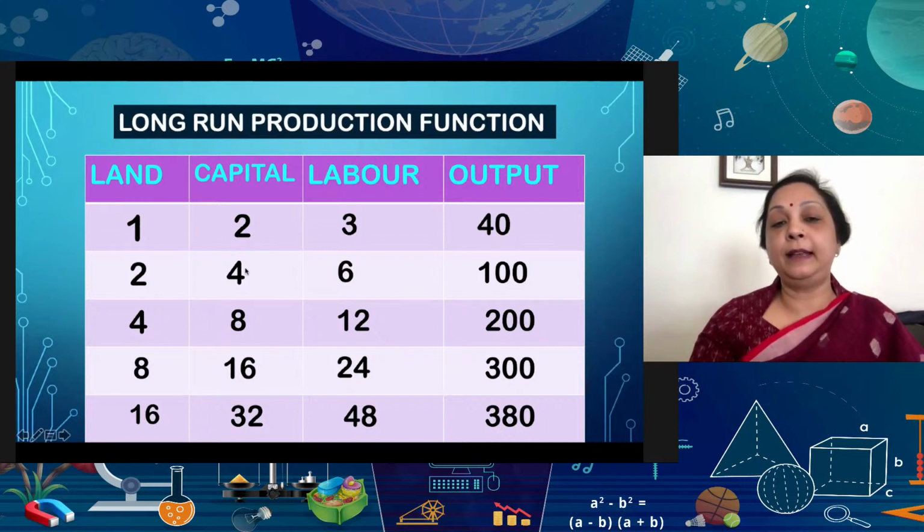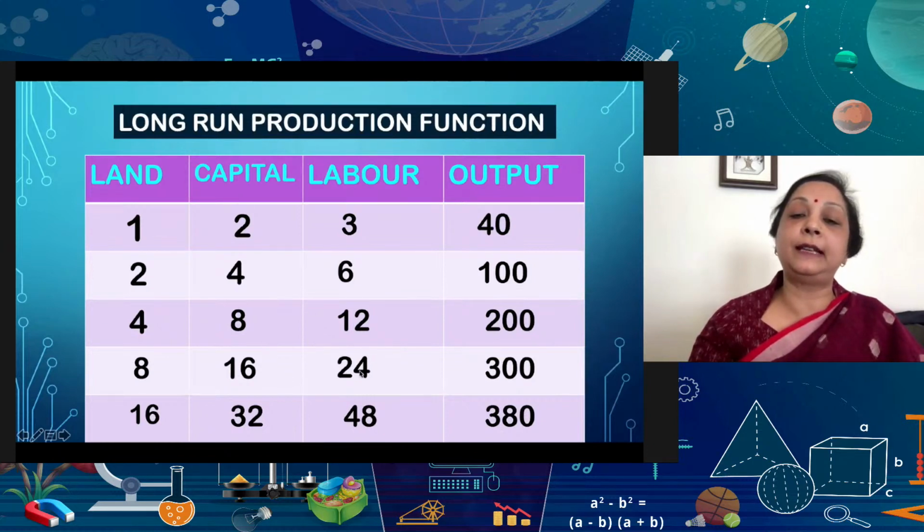And in the second case, if you see, we increase it by 100%. This is increasing exactly by 100%. From 100, it became 200. This is known as constant returns to scale. And in these cases, you will see we are increasing this by 100%, doubling it. So it is increasing by 100%, but this is increasing by 50% only. So the percentage increase in output is less than the percentage increase in input.